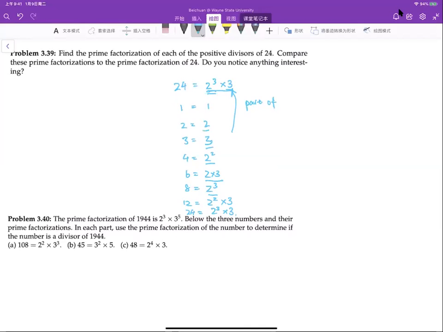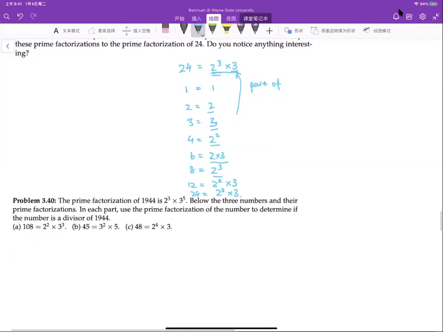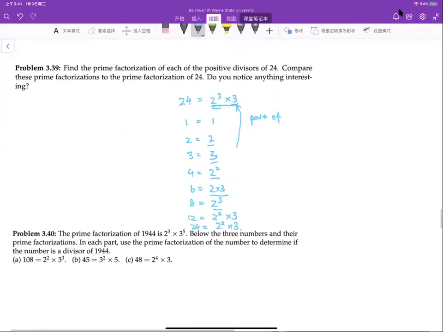And 24 is 24 itself. This is an important idea to find the GCD. The method of finding the GCD is based on this observation.